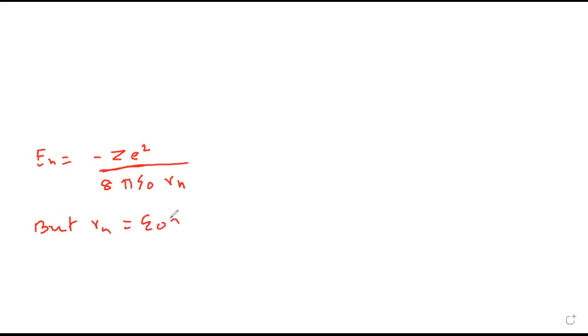So we got energy in nth orbit as minus z e square upon 8 pi epsilon naught Rn. What is Rn? Just now we derived epsilon naught n square h square upon pi m e square into z, right?